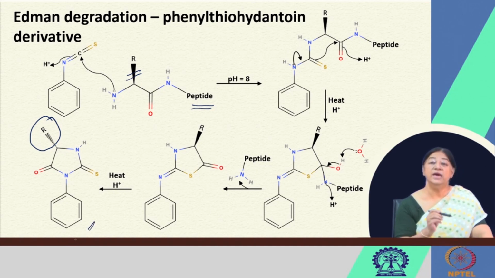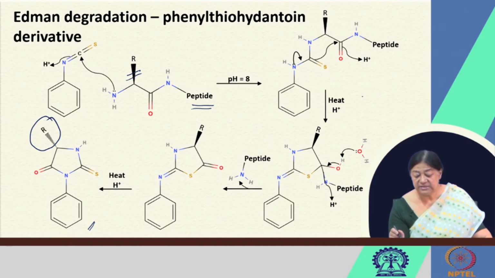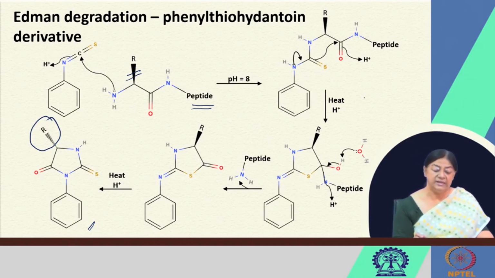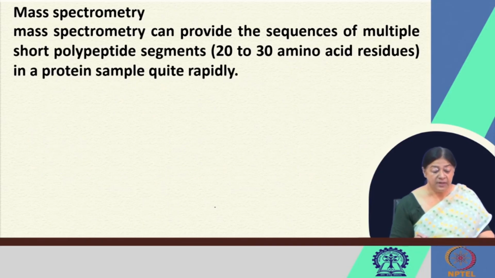We want to know the N terminus, meaning we want to know what amino acid is there, what R group is present there. So, this is how the specific reactions occur in the Sanger's method and the Edman degradation. We will look at specific methods to find out the sequence of polypeptides in a further lecture later on.